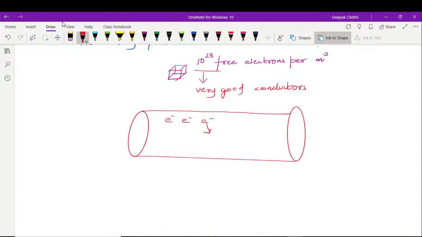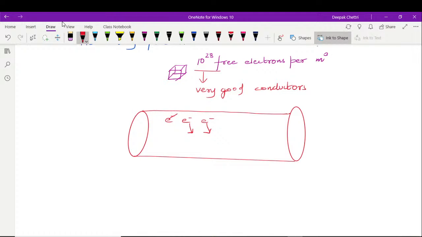The electrons are not moving in a fixed direction. Some electrons will go to the left, some will go to the right, some will go above, some will go down, some will go northeast, southwest, all that. The motion is random. There is no fixed direction, and what happens as a result is as if there is no net motion.